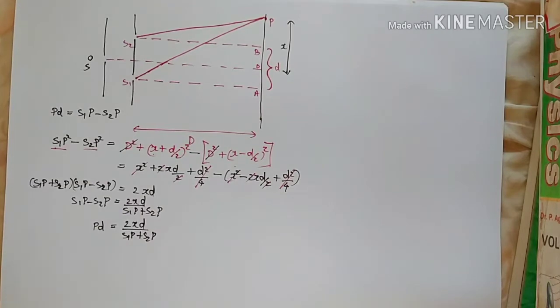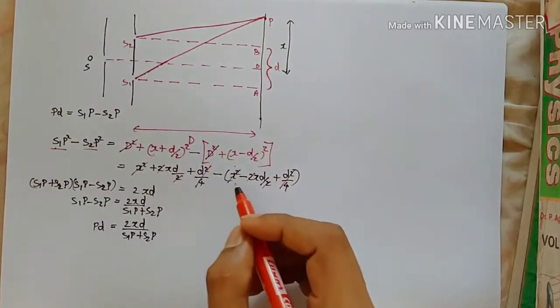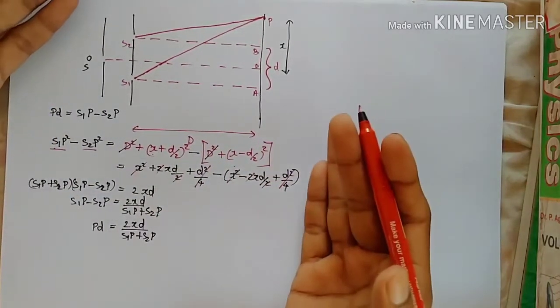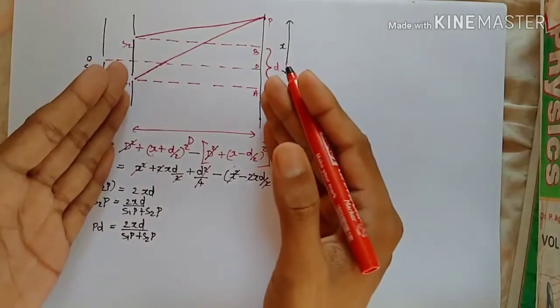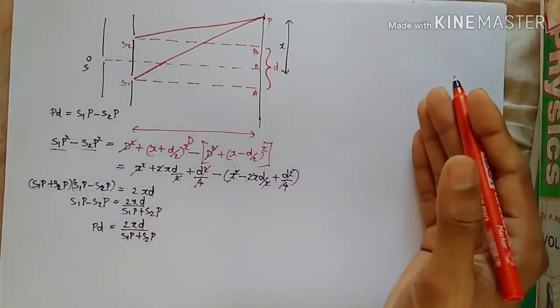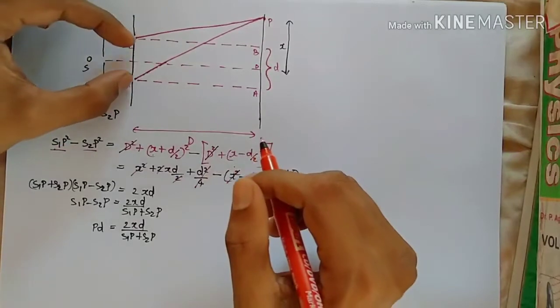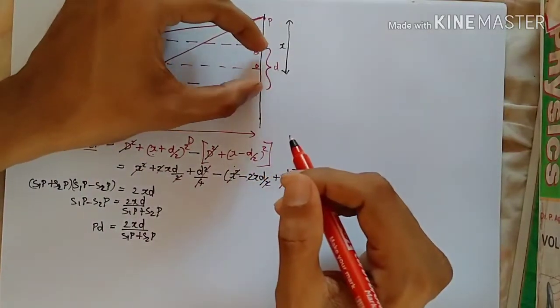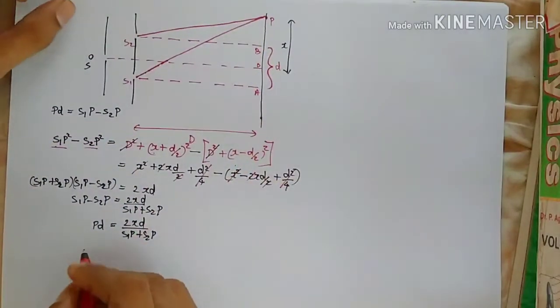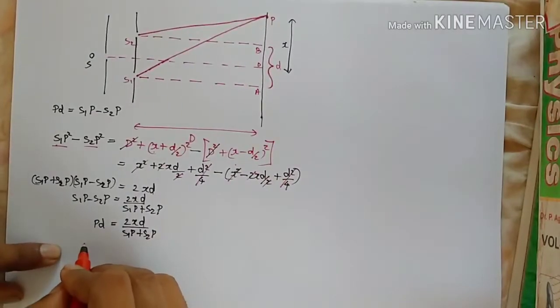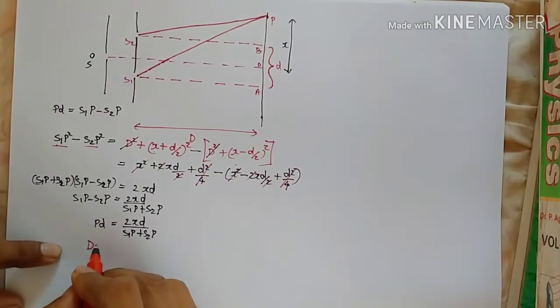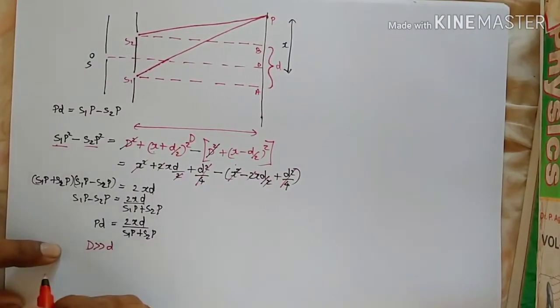Okay, then we are going for an approximation. In the actual case, this capital D will be very large, and the small d will be very small. Therefore, in the actual case, capital D is much greater than small d.